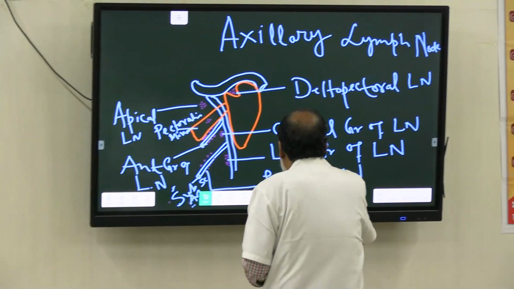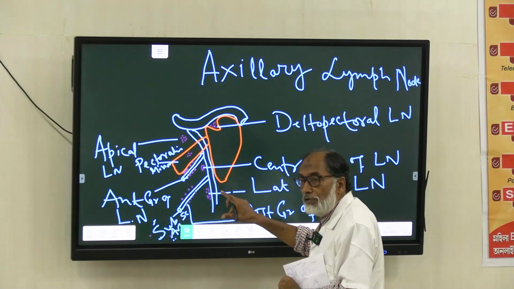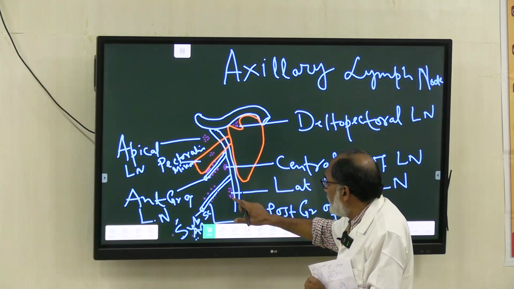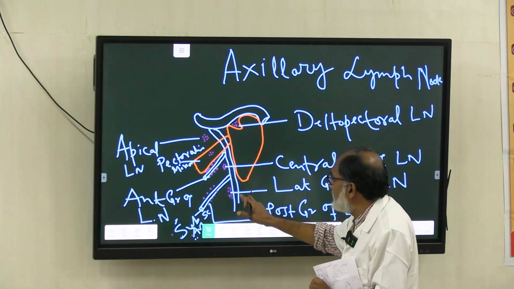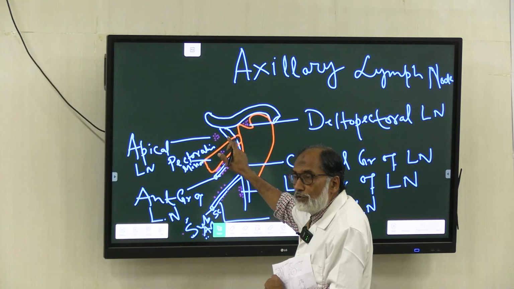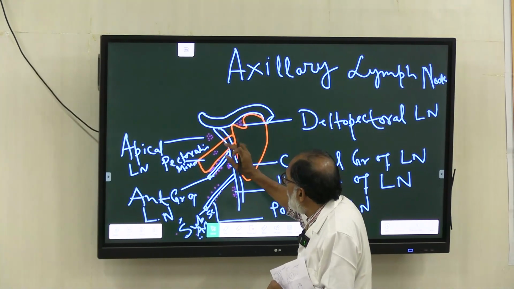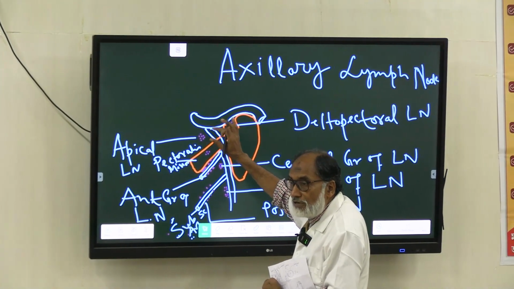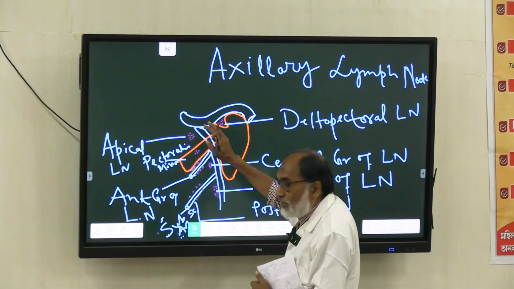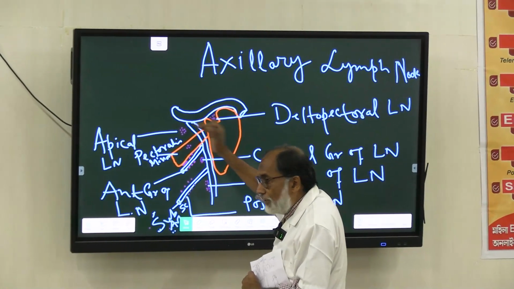Now another group, the lateral group, lies along the axillary vein. Here you see another group, the apical group, that also lies along the axillary vein, close to the first rib.